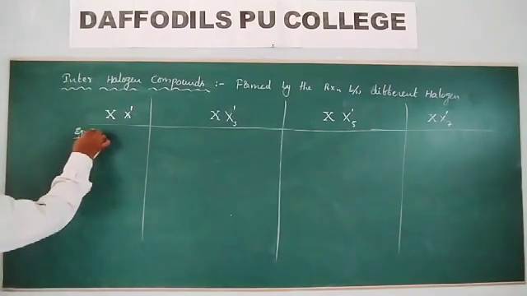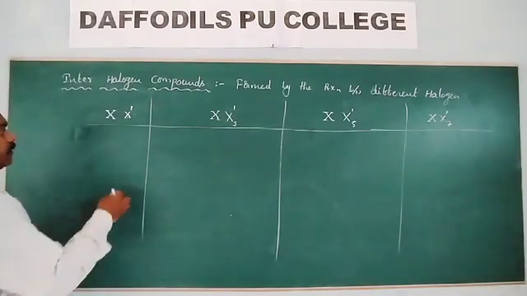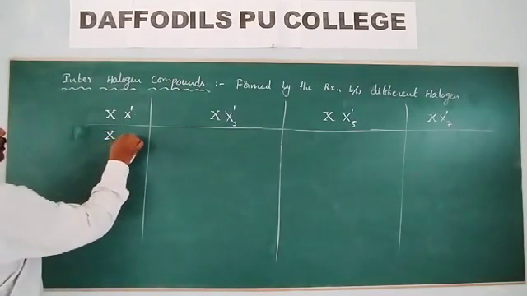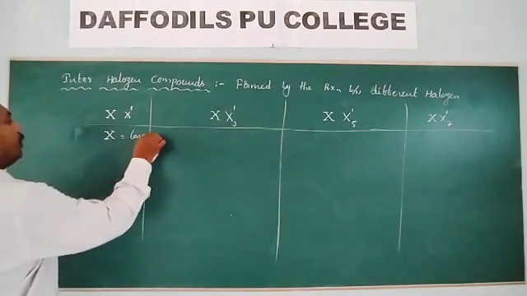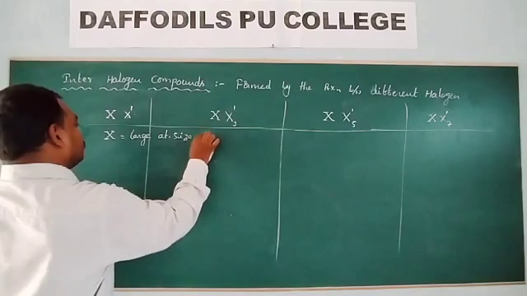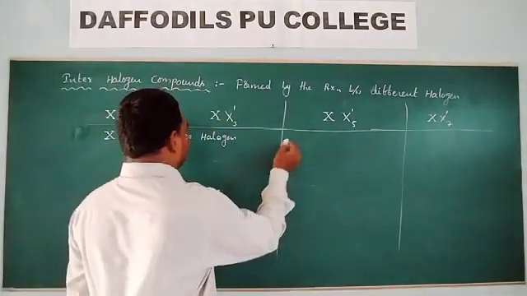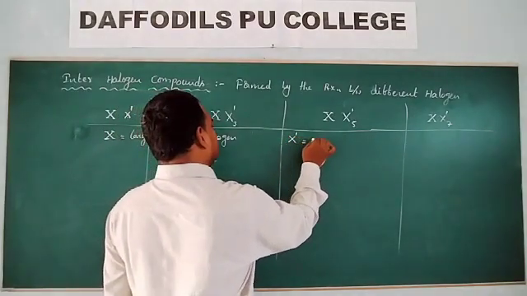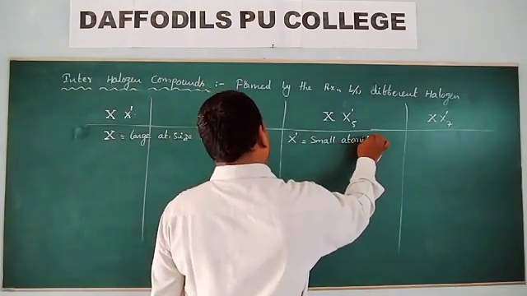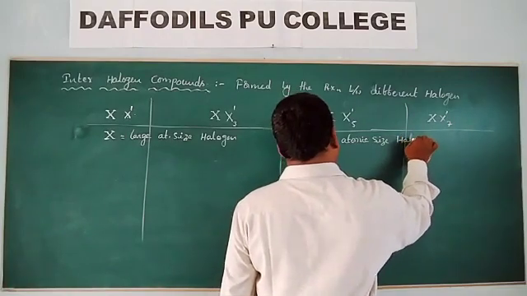For examples of these interhalogens, we will first look at what is X and what is X dash. Here X is the large atomic size halogen. X dash is the small atomic size halogen.